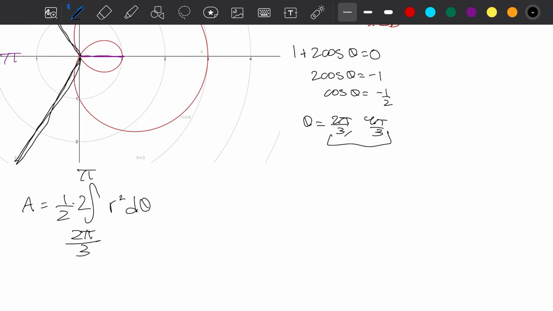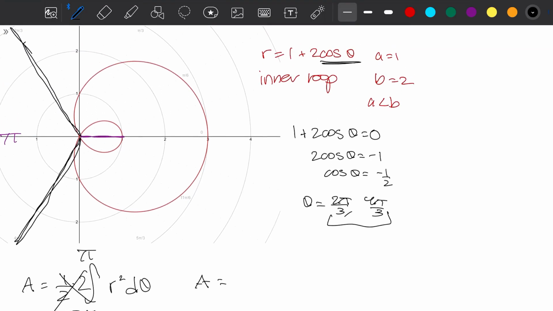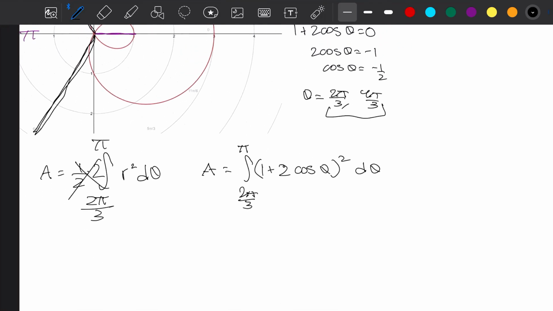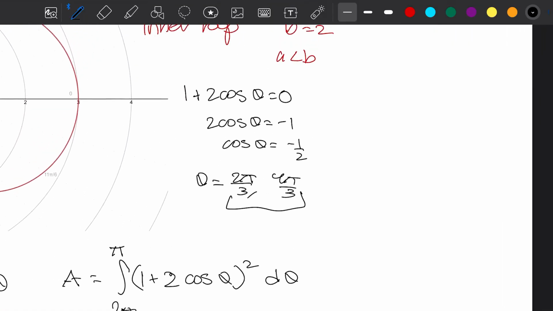And what that's going to be is now you're going to have A equals, now you cross that out, A equals the integral from 2 pi over 3 to pi of (1 plus 2 cosine theta) squared d theta. Okay, now you have that.